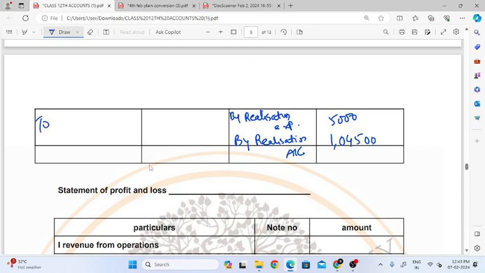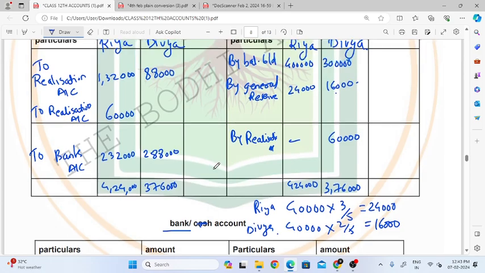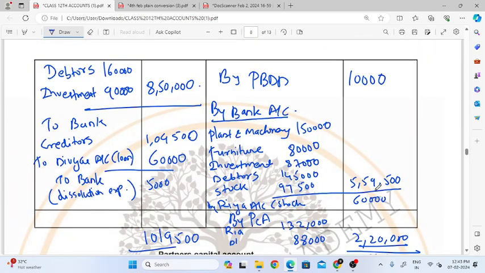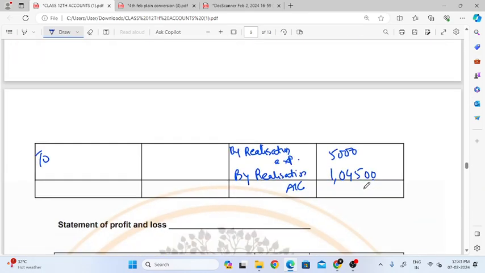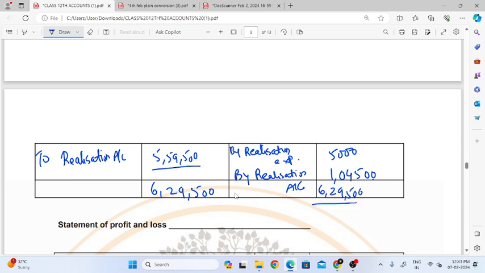So to realization account, how much is the total we got from here? 5,59,500, that we have to take on the debit side. So to realization account, so the total of both the sides should match. 6,29,500, 6,29,500.